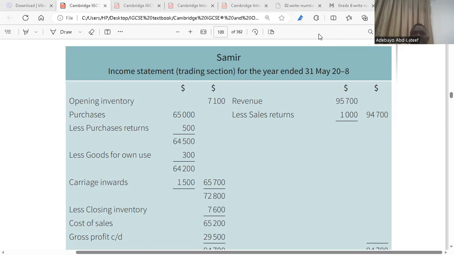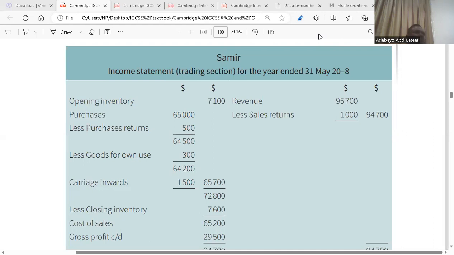If the owner of the business has taken certain goods for personal use, it's part of our trading because it is goods. Where do we put goods? Trading. Do you get it? Yes. Now, so how do we go about it? The opening inventory, which is 7,100. You had your purchases. What is purchases? The value of what we bought. Yes or no? Yes.